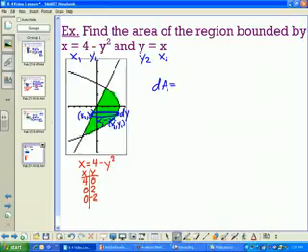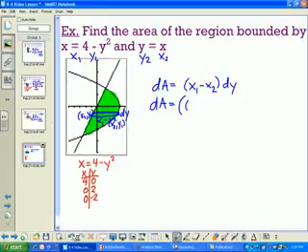So now I'm ready to write the equation for just that representative rectangle. I have my base times my height. And again, I don't want things in terms of x's.